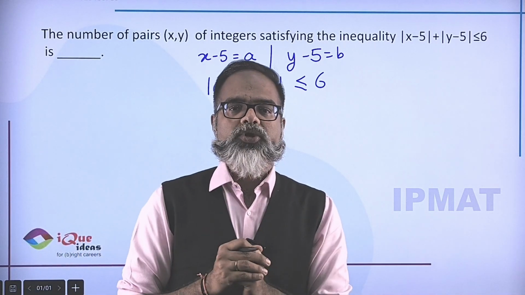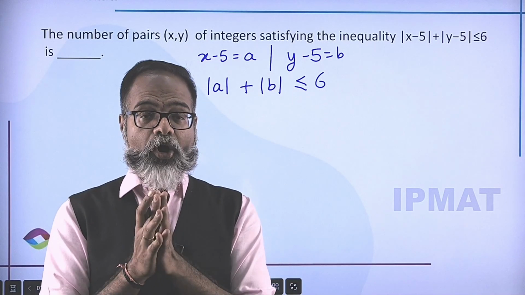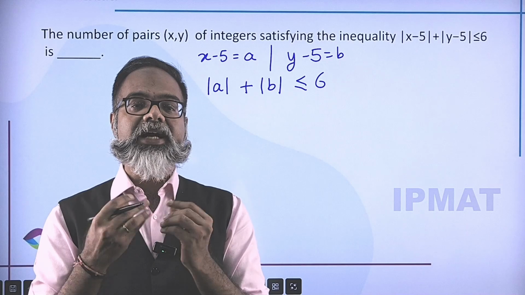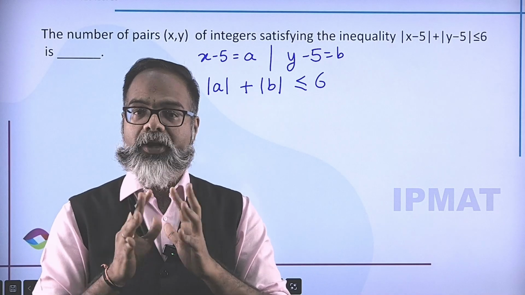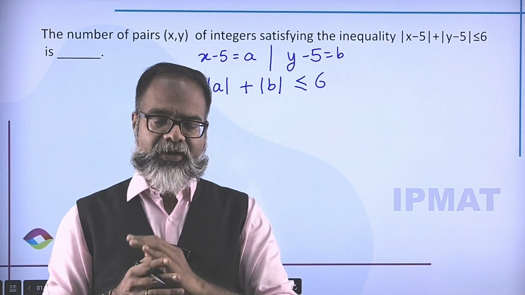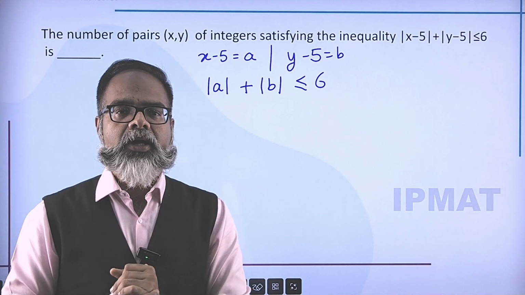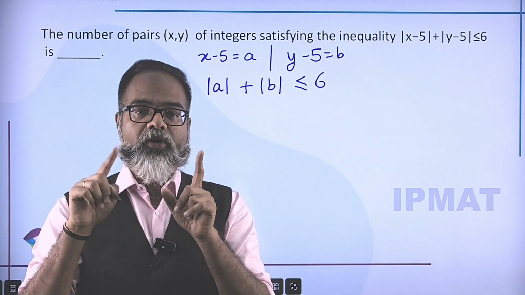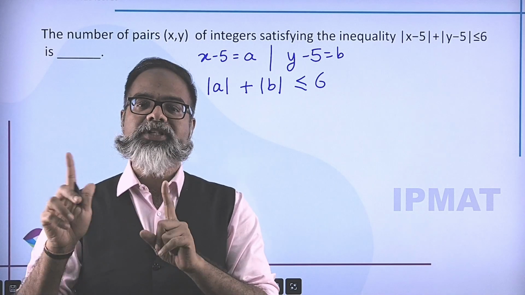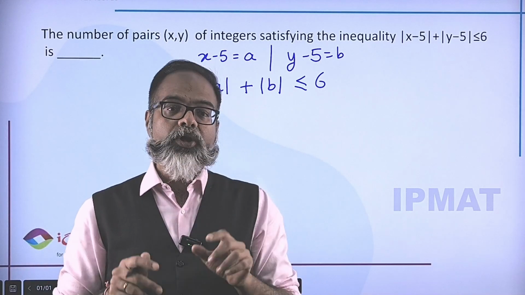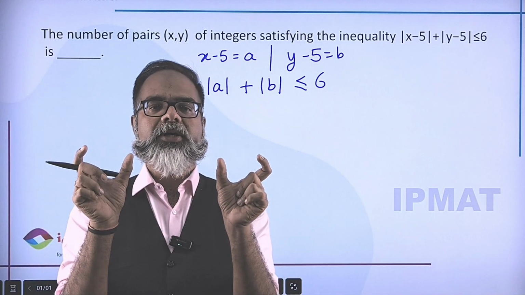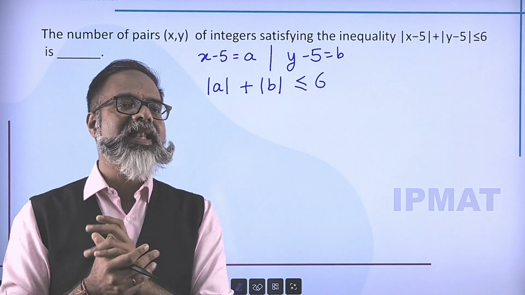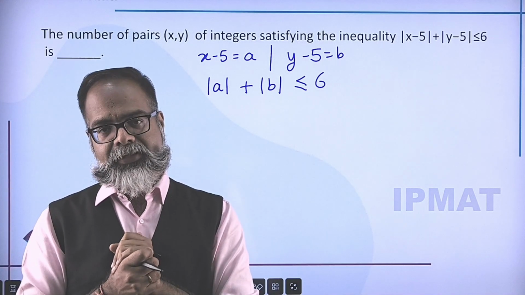Okay. So now what does the mod do? It converts the number inside to a non-negative number, because 0 can be there. So mod of minus 4 is 4, and mod of plus 4 is also 4, and mod of 0 is 0. So adding two non-negative numbers in such a way that the sum is less than or equal to 6.